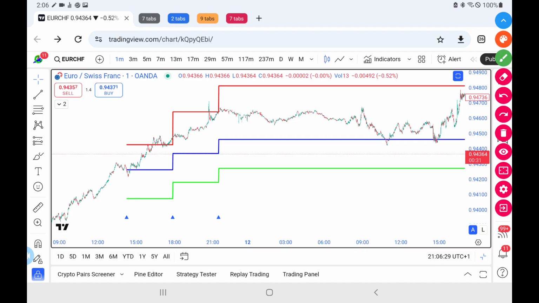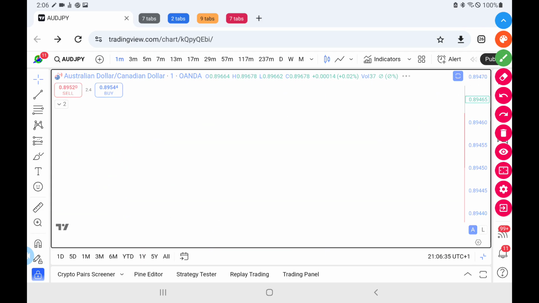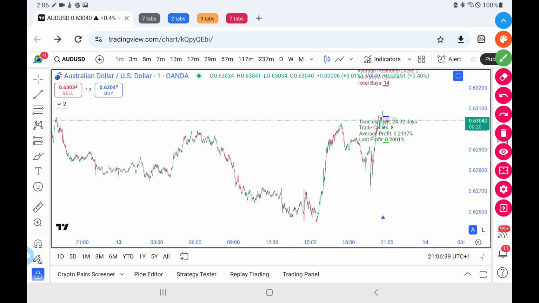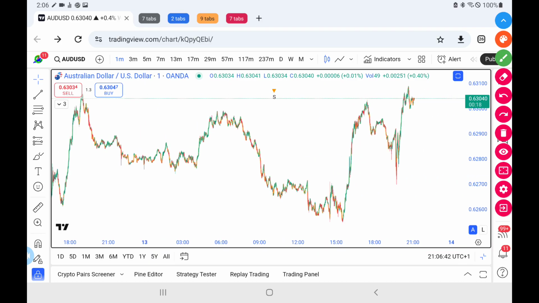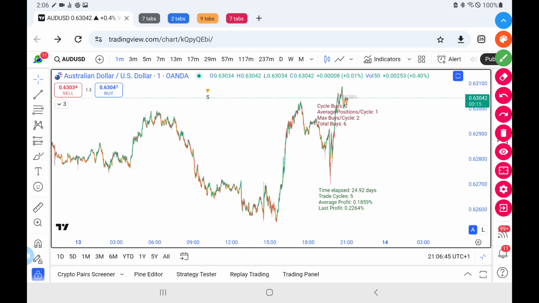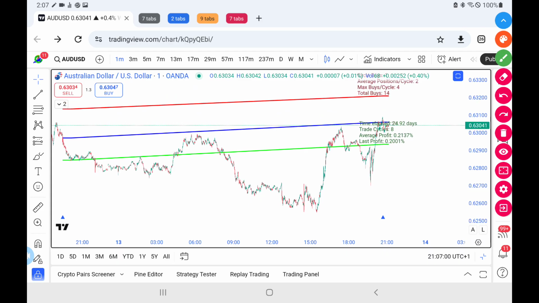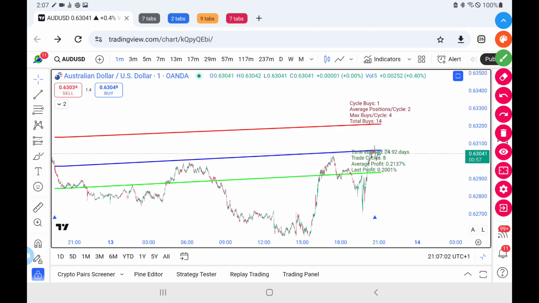So let's go and find another pair that I trade frequently and see how well it has done. Okay, in looking at the trading without range filter, we have 8 total trade cycles. And we can see a maximum number of purchases of 4 positions.